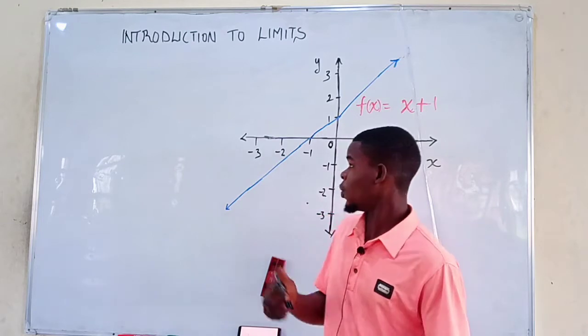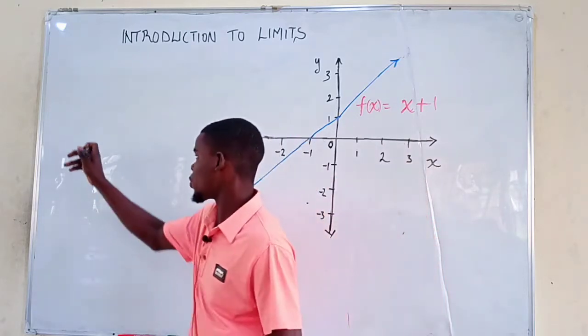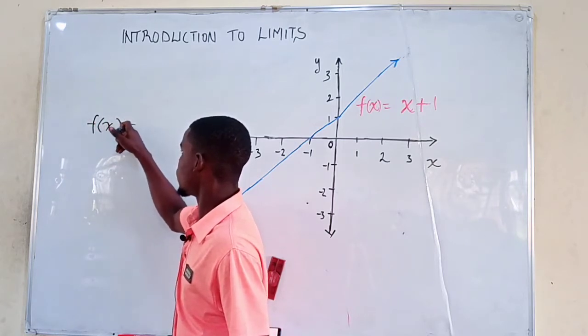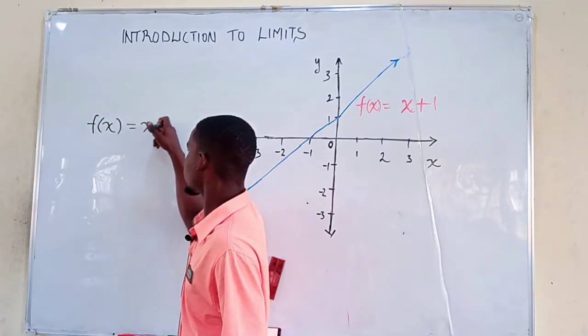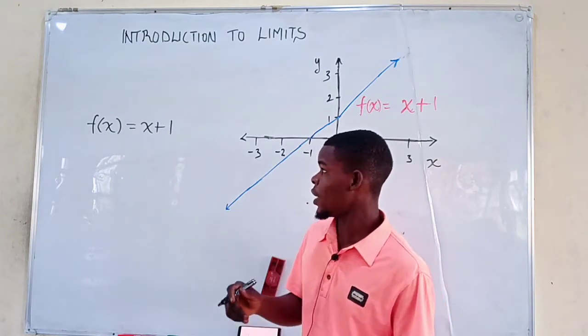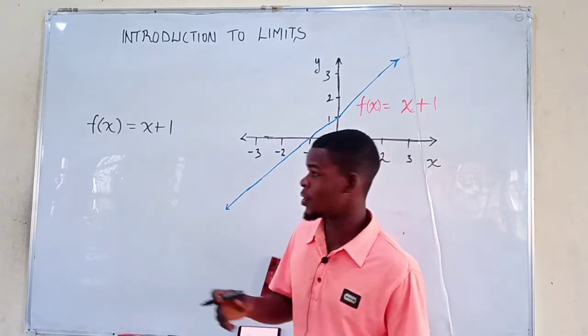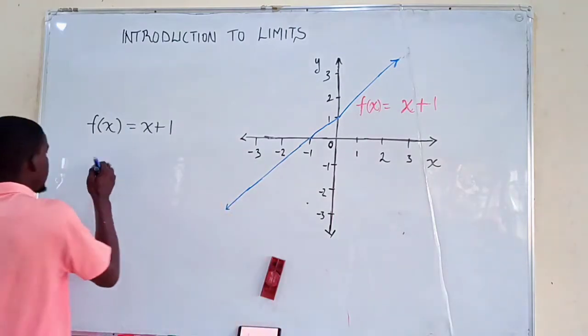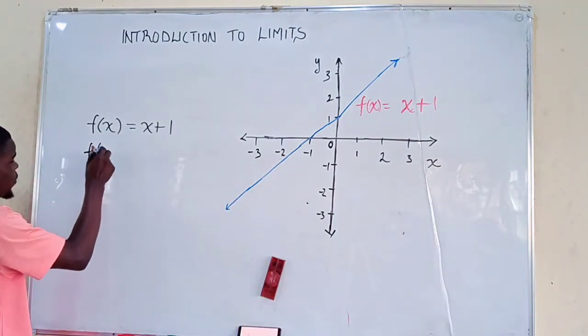Let me give you this particular example. Suppose we have a function, f of x, to be x plus 1. Then the question will be, find the value of f of x when x is equal to 2. So we'll have to evaluate f at the point 2.